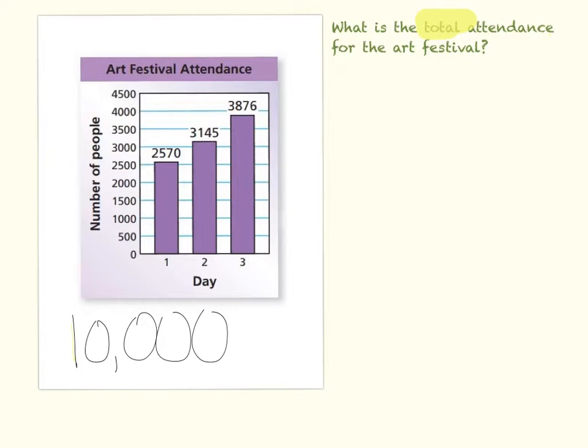So when we add, we're going to add vertically, and we're going to make sure and line up all of our place values.